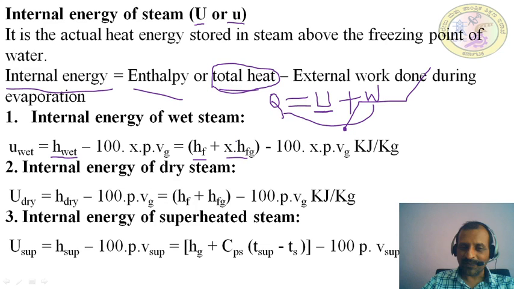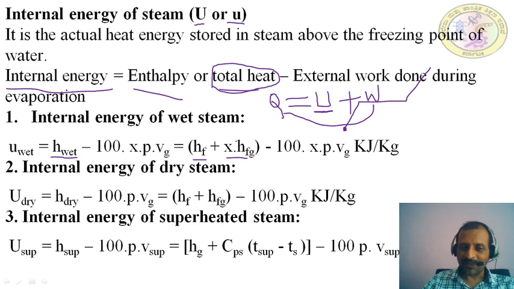Then entropy of wet steam, S wet, is equal to entropy of water plus entropy of wet steam. The initial stage is entropy of water, right? From this point to this point, it is entropy of wet steam. Up to here, it remains wet steam. When it reaches this point, it is dry saturated steam, right?